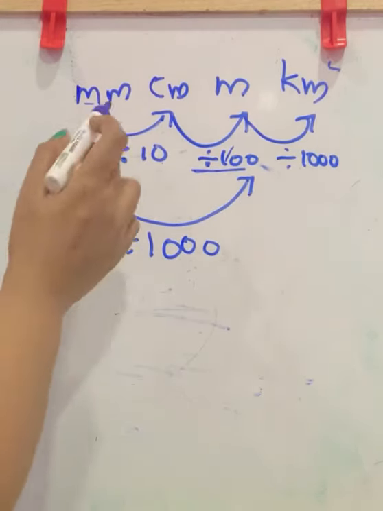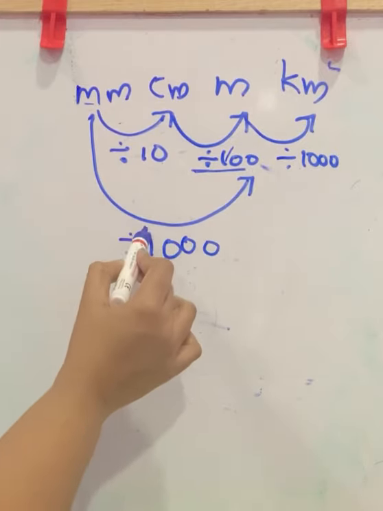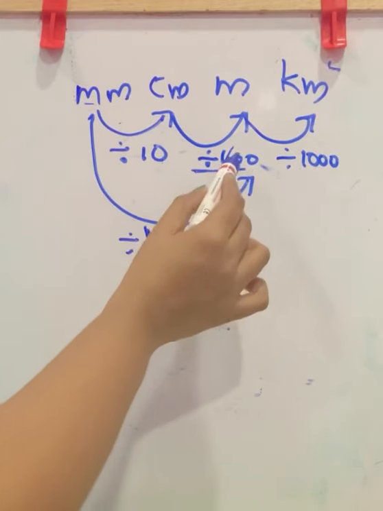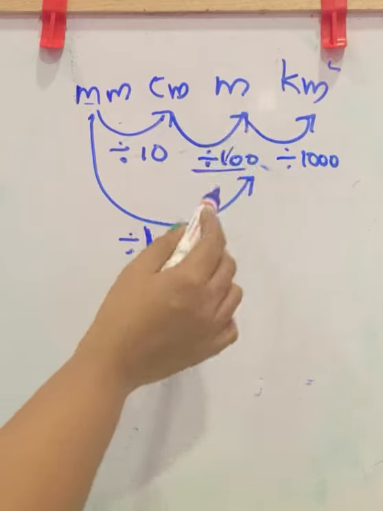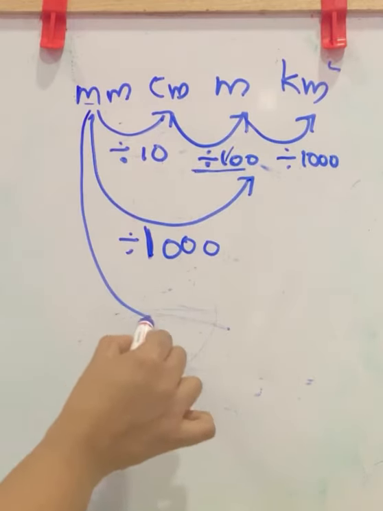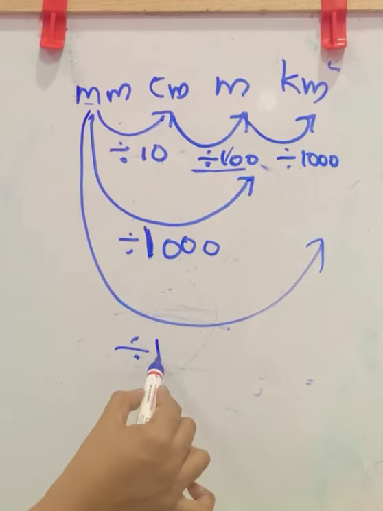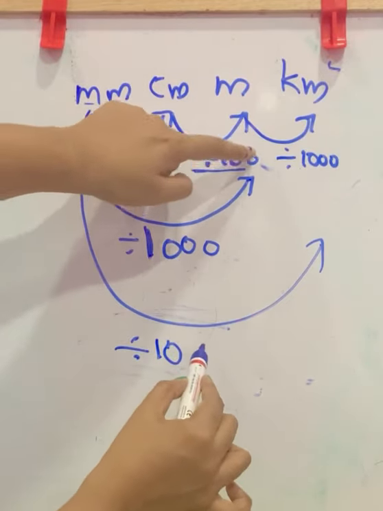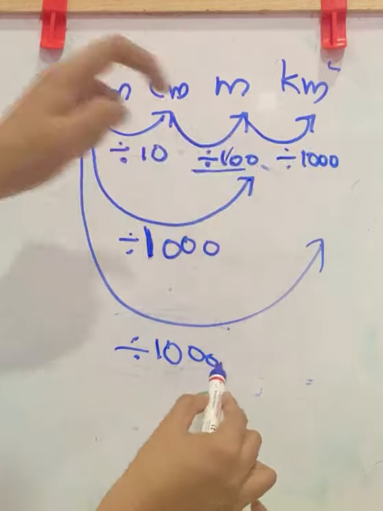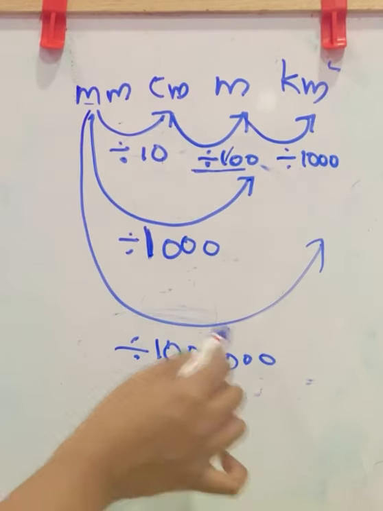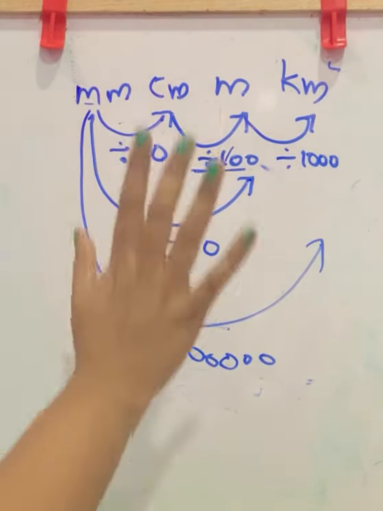That is millimeter to meter. Now if you are converting millimeter to kilometer, division by 1 zero here, 2 zeros from here, and 3 zeros from here. So 10 lakhs. This is the conversion chart.